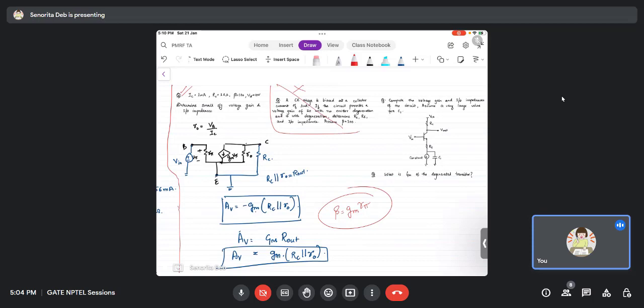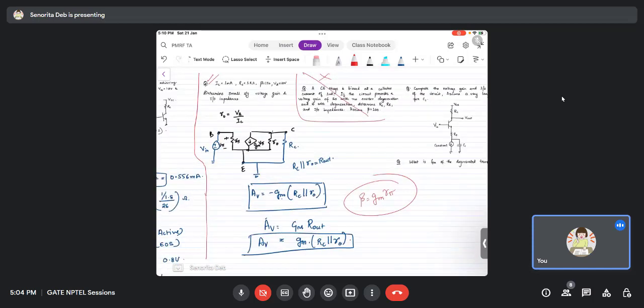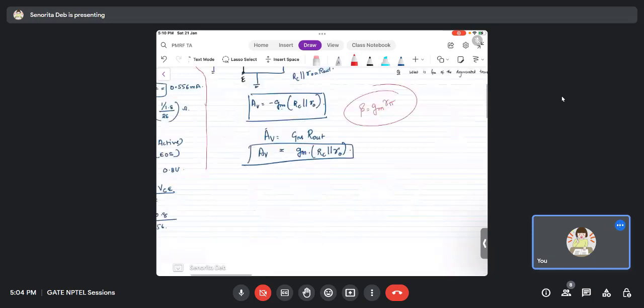You have to find input and output impedances. So for finding input impedance, you will need beta. I hope the question is clear and you are not confused.